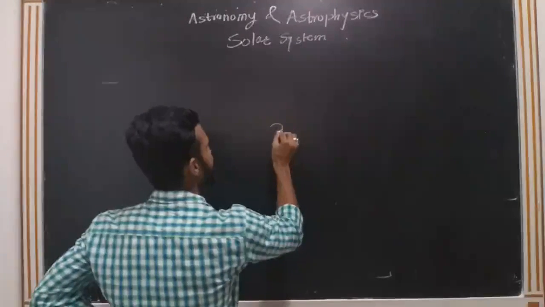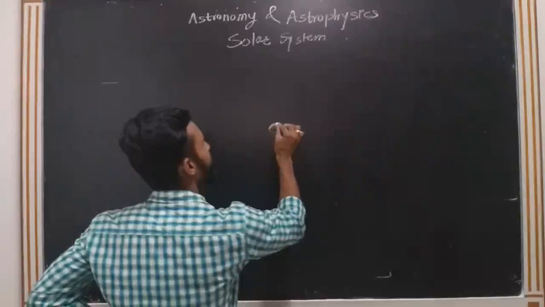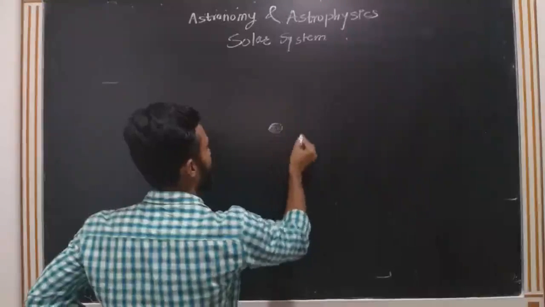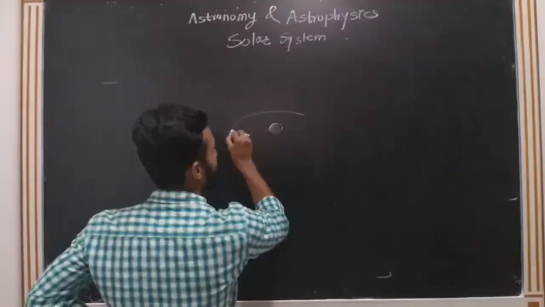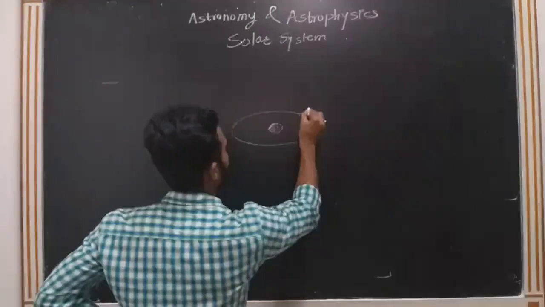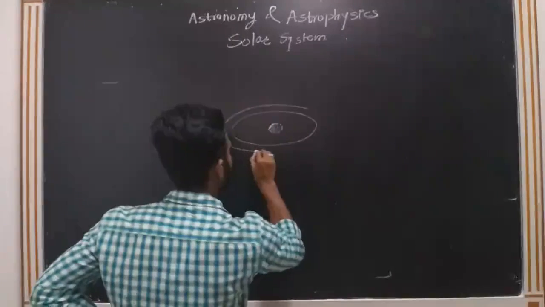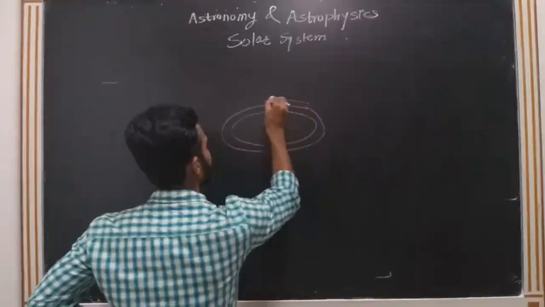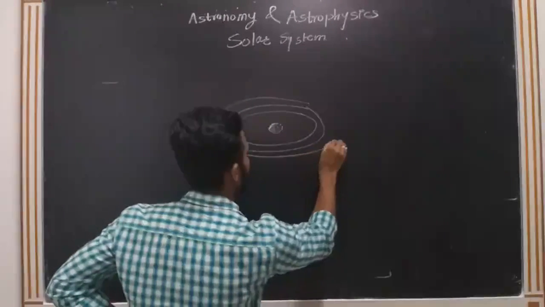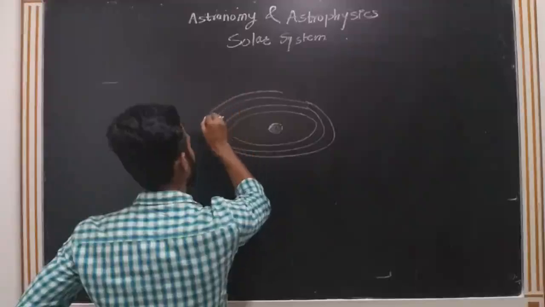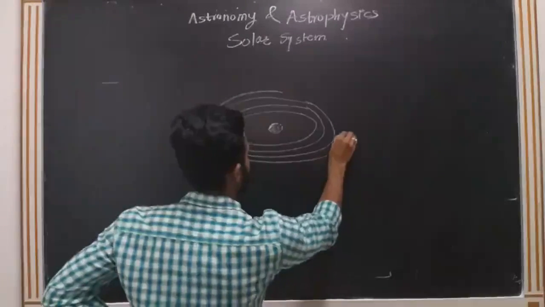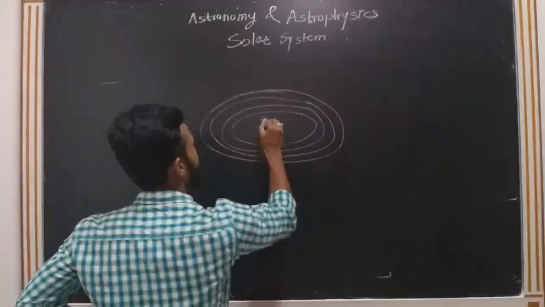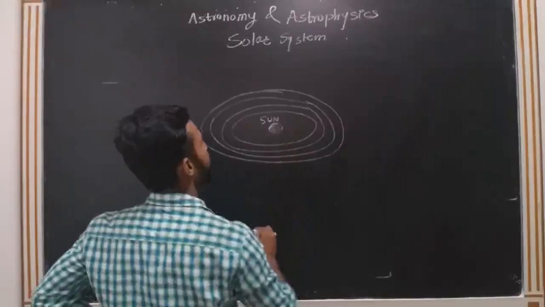So this is the Sun, as we are all familiar. These are the 4 orbits which are closely packed, also known as the inner planets, the terrestrial planets. The Sun is at the center.